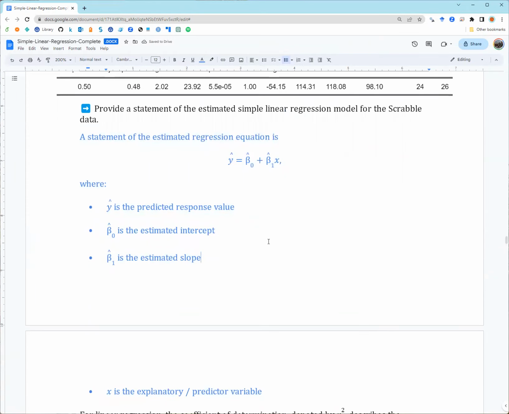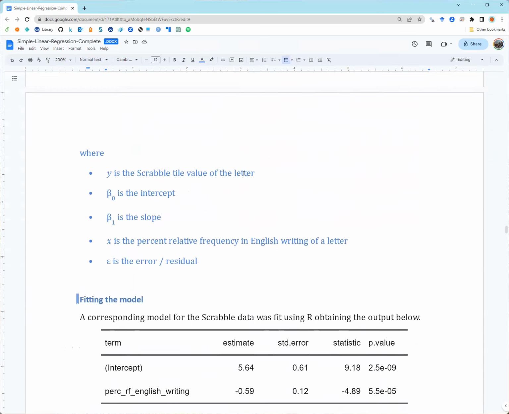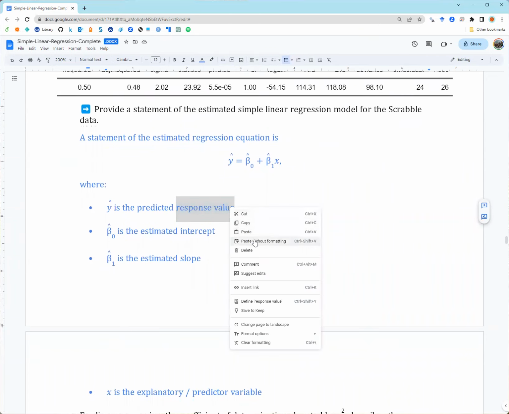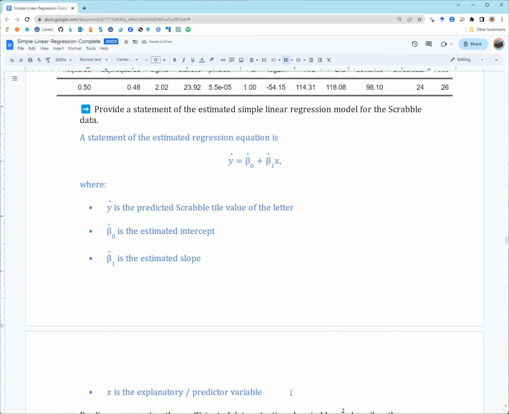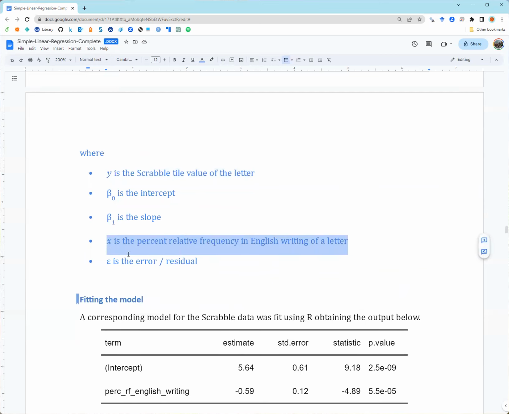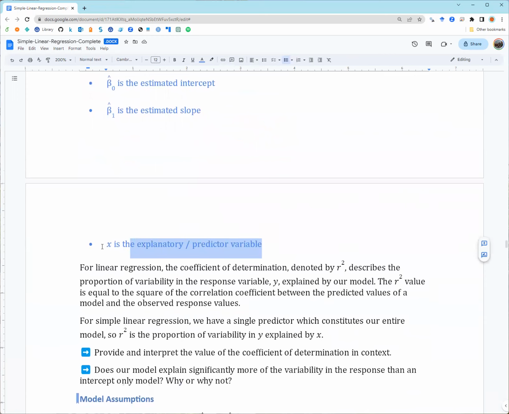Similar to the theoretical or assumed model statement, we mostly update y and x, although we also need to update the numbers for beta 1 hat and beta naught hat. So we say y hat is the predicted Scrabble tile value. X we can actually keep exactly the same. Y hat is what we predict. X is always kept as just X.